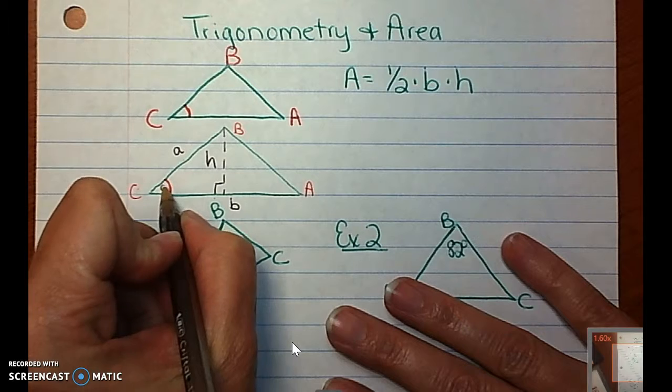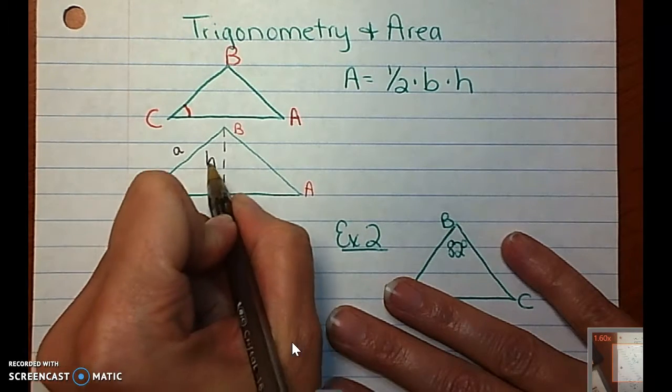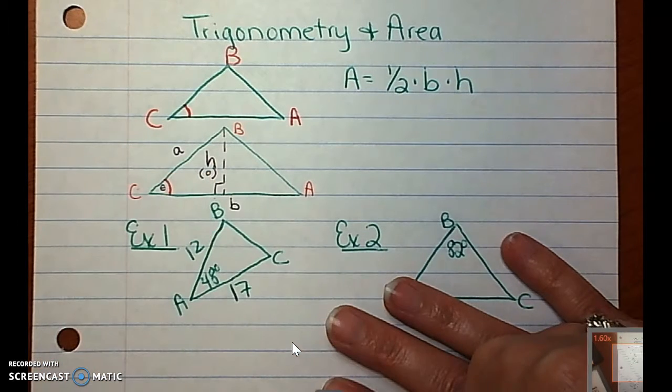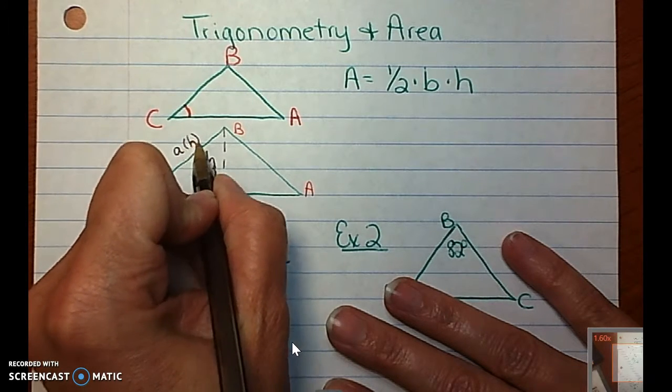Well, if C is my theta, and that's my angle, then I would label my height side my opposite side for trig. Okay, so according to theta, my opposite side would be the height, and my A side would be my hypotenuse.